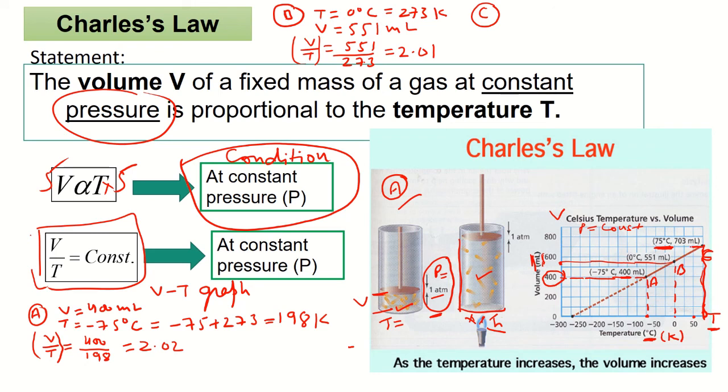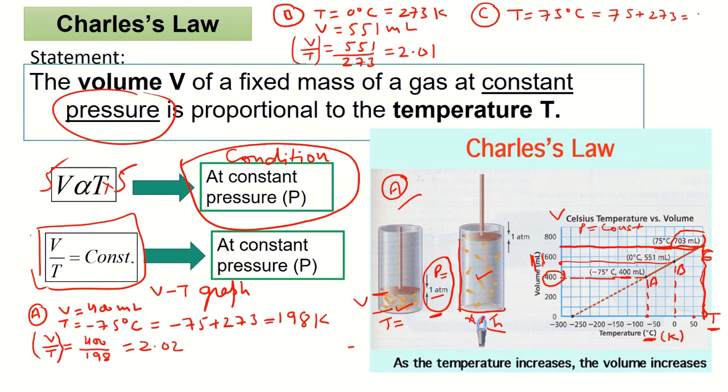The value of the volume at this temperature is close to 700, but the exact value taken here is 703 milliliters. I will write the data for this one. The temperature is 75 degrees centigrade, but we cannot use this, so 75 plus 273 comes to 348.